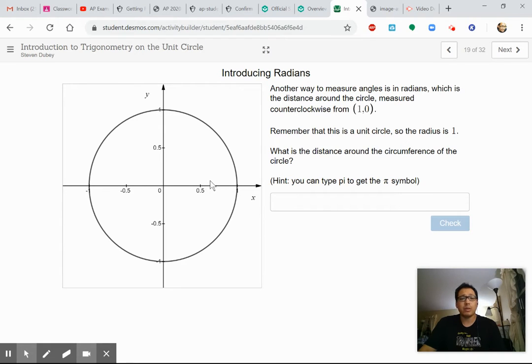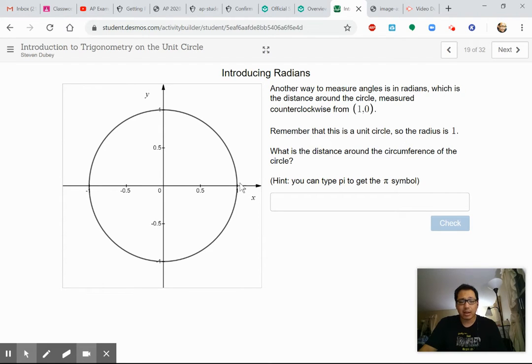The radius of this unit circle is 1. If I took this radius and stretched it out on the circumference of the circle, the question is how many radii could I fit around the entire circumference?